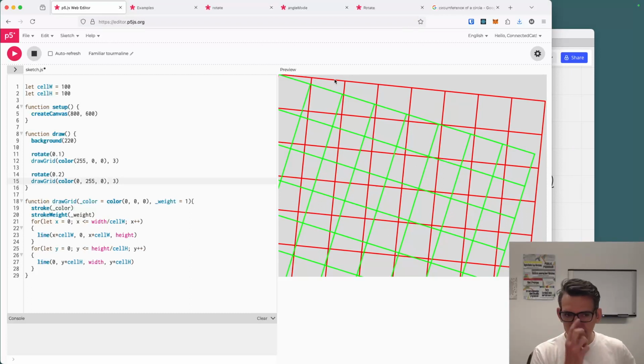So that's an important concept: if we're going to stack transformations, we are going to stack them on top of one another. And if you want to avoid stacking them, for example, if you want the green grid to be rotated by twice the amount of your red, because right now it's 3 times the amount, so 0.1 over here plus 0.2 over here, you would need to literally take the entire system of coordinates, called a matrix.